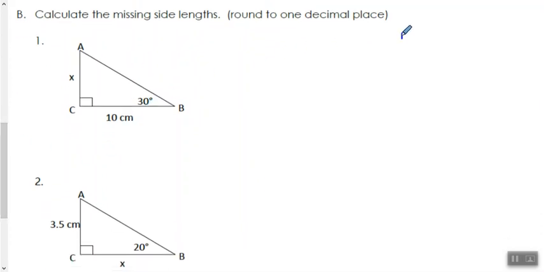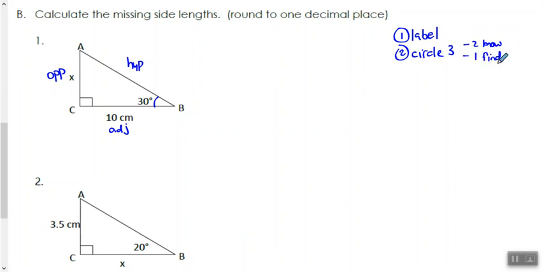So once again, remember our steps. First step is to label our triangle. So here's my angle, here's my opposite side, here's my hypotenuse across from my right angle, and my adjacent side. Next step, circle 3 things: 2 things that I know, and 1 thing that I am going to find.